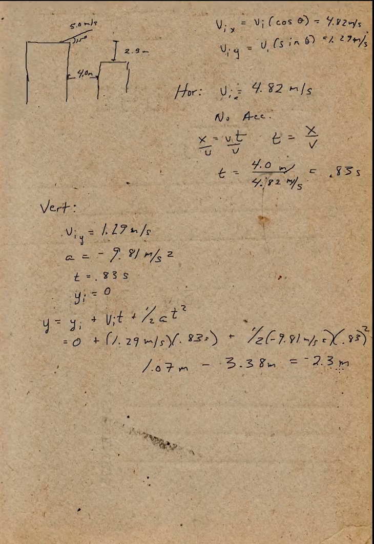And so he is going to be 2.3 meters below the first building at the time it takes him to cross that span. So the answer is yes, he will be able to make it across the buildings.